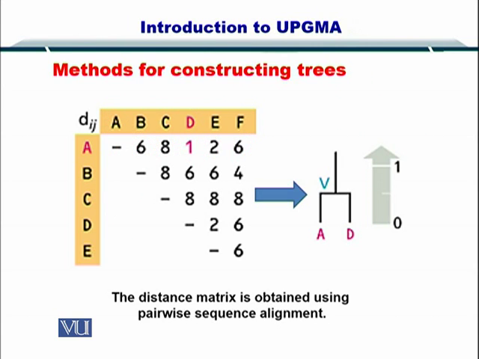Similarly, B is aligned with A, C, D, E, and F. So the distance between them is written here. And you continue repeating this by aligning C with all others as well until you have created all pairwise sequence alignments, and this exercise will give you the distance matrix.